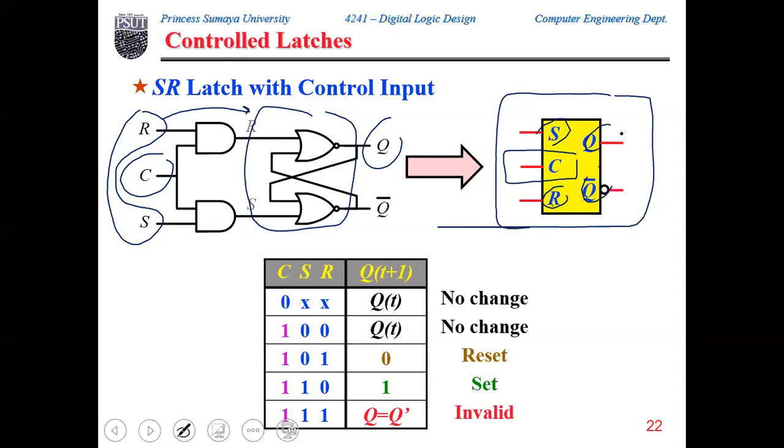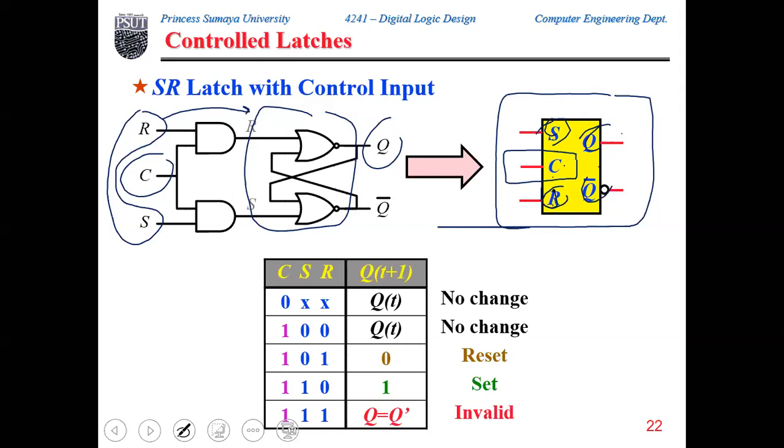So as long as C is 1, as we said, this is normal operation. If C is 0, the latch is in the no change state or is disabled, let's say, which means that the input has no effect on the output. This is the same as what we did in the decoders.